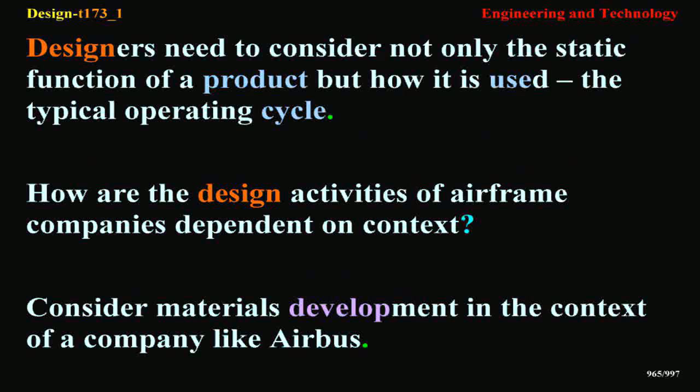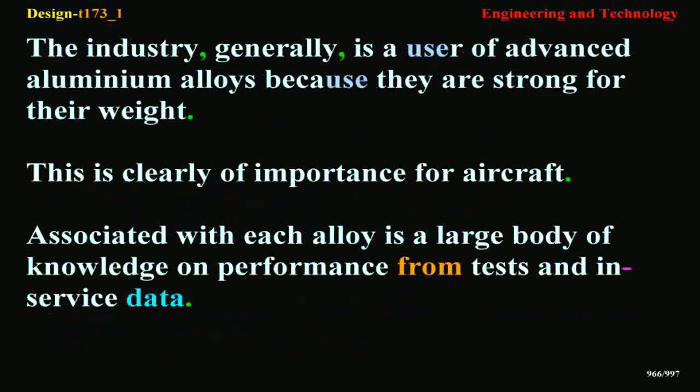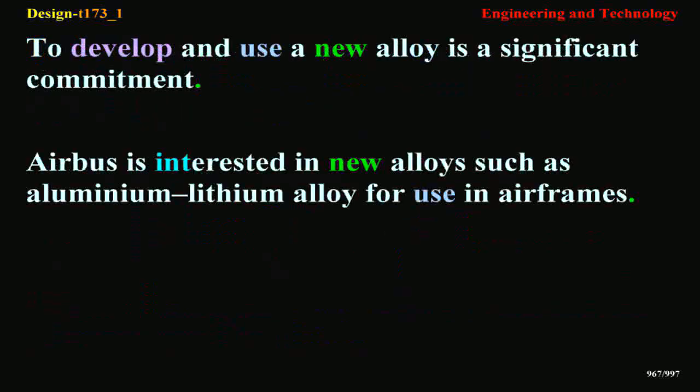Consider materials development in the context of a company like Airbus. The industry, generally, is a user of advanced aluminum alloys because they are strong for their weight. This is clearly of importance for aircraft. Associated with each alloy is a large body of knowledge on performance from tests and in-service data. To develop and use a new alloy is a significant commitment.